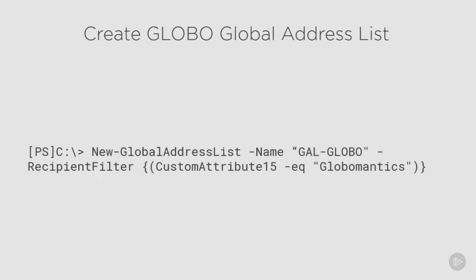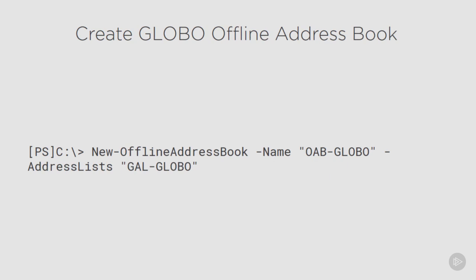New-GlobalAddressList is used to create the custom GAL for Globomantics. All you need to do is filter that one on custom attribute 15 and then finally create a new offline address book for Globomantics that includes the Globomantics GAL. And you can include other address lists for Globomantics in that offline address book as well, but it's quite normal to only include the GAL in an offline address book just to keep the size down.